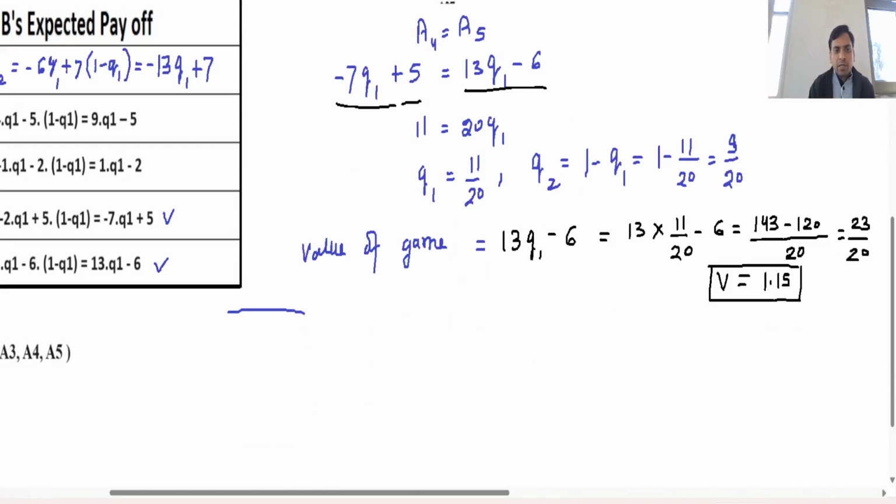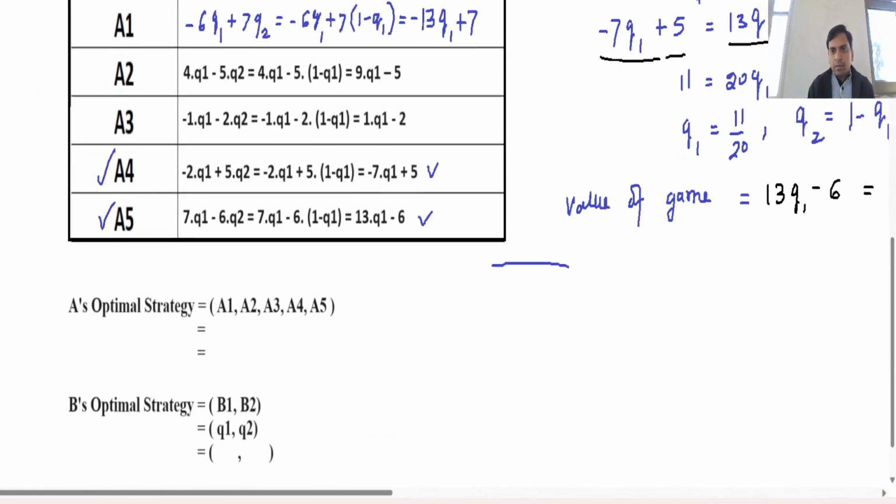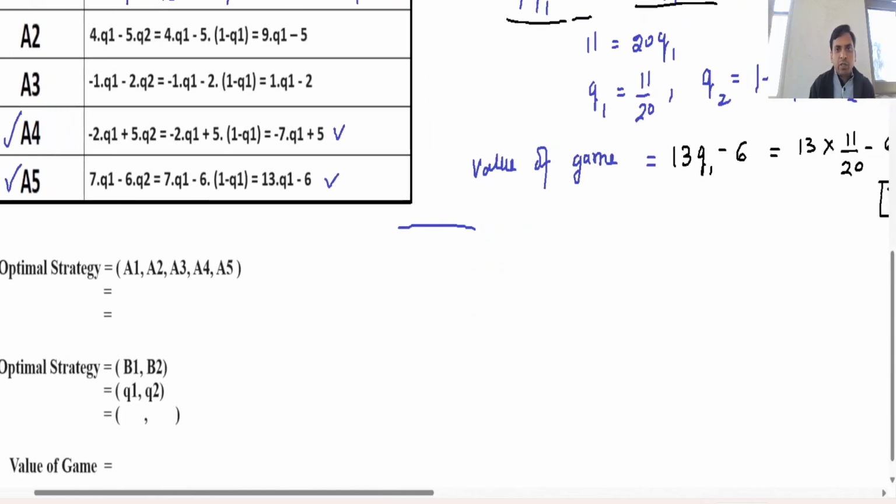So we have two things now. First, these optimal strategies: as there are two strategies Q1 and Q2, the value of Q1 is 11 upon 20 and Q2 is 9 upon 20, and the value of the game is 1.15.